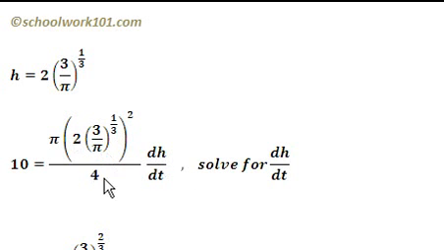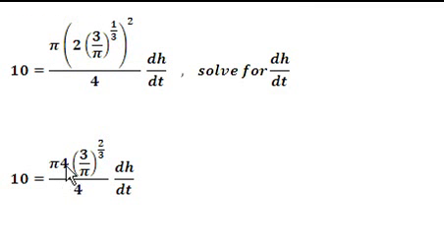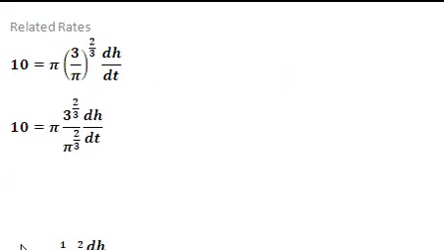Okay, a bunch of algebra going on here. Let's work it out. I multiply the 1/3 times the 2, that gives me the 2/3. Also in parentheses, here's this 2, and if it's squared, that gives us 4. Of course we cancel the 4's out, and that's what I do here.